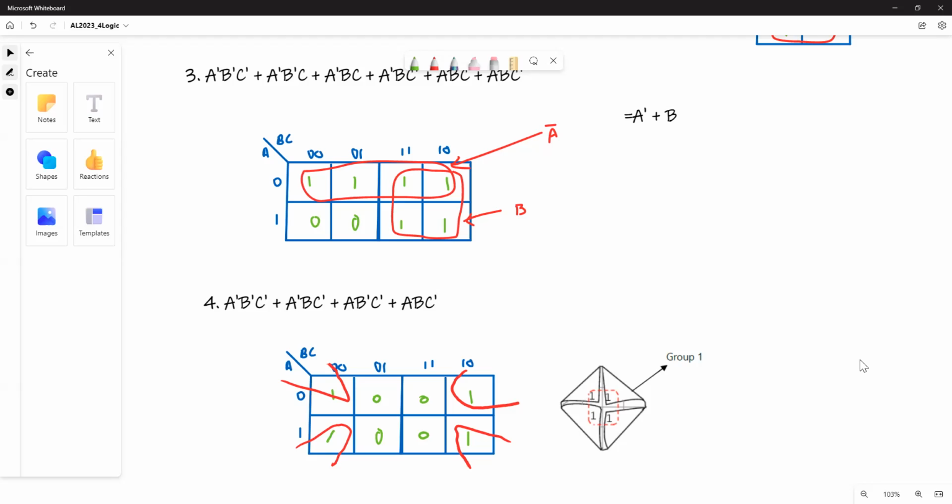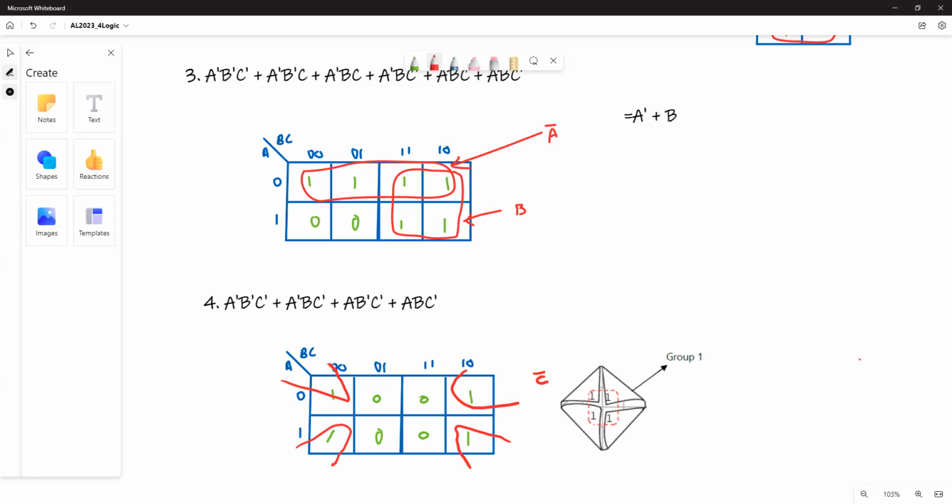So if you do that, what happens? Now check the value for this group. Looking at these two columns, we have here 0, 0, 1, 0. That means 0 means C bar is common.